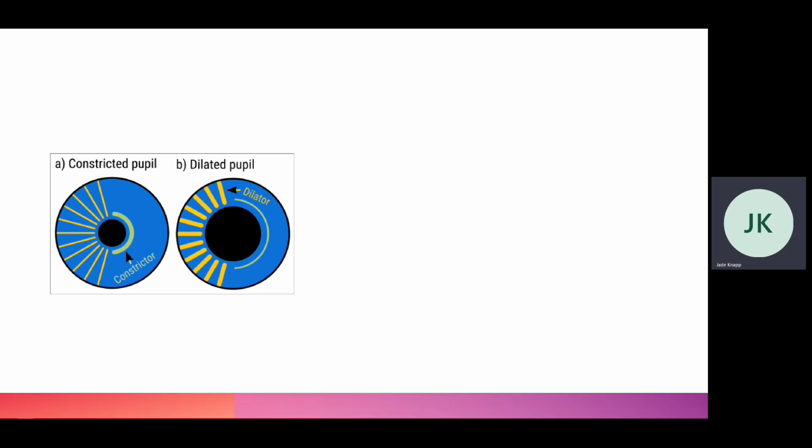Let's now go backwards a step and talk about anatomy, okay? So pupil constriction and dilation are served by two muscles. Constriction is served by the sphincter muscle, which is like a ring surrounding the pupil, and constriction is parasympathetic.